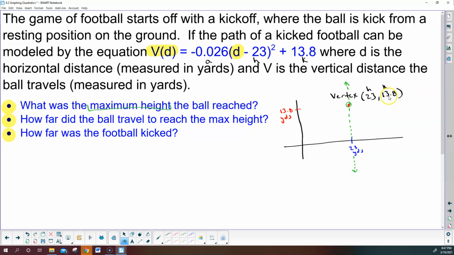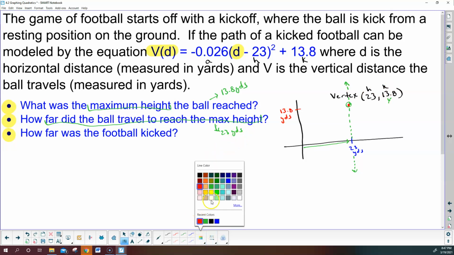They're asking for the output, the maximum height was 13.8 yards. Okay. How far did the ball travel to reach the maximum height? That is, how far on the horizontal distance. Well, how long did it take to get there? It took 23 yards, because that's the axis of symmetry, to reach its height.